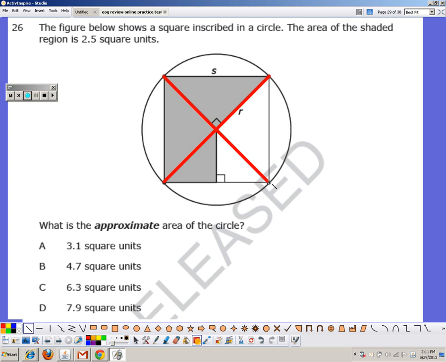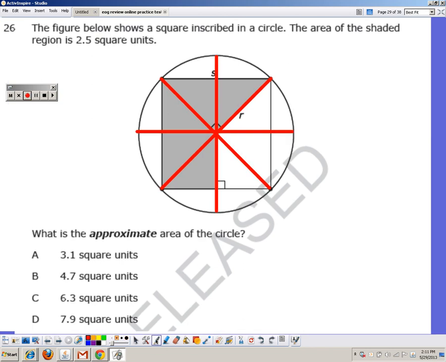And then we're going to go straight up and down. And then straight up, across. So we got 8 equal pieces. If you notice, 5 of them are shaded. 5 out of 8 are shaded.